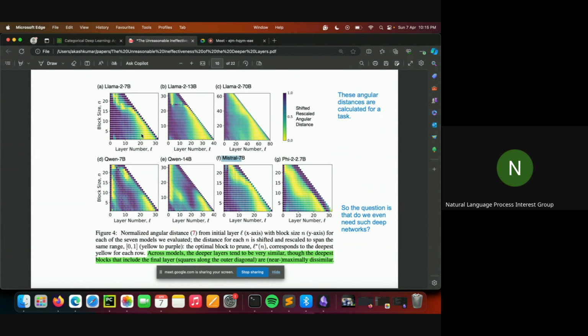The most common thing present in all of these models is that the deeper layers have a lot of the same angular distance, which just shows that the deeper layers are not really adding that much to the task, and that is why the model is still able to perform well even after removing these layers.